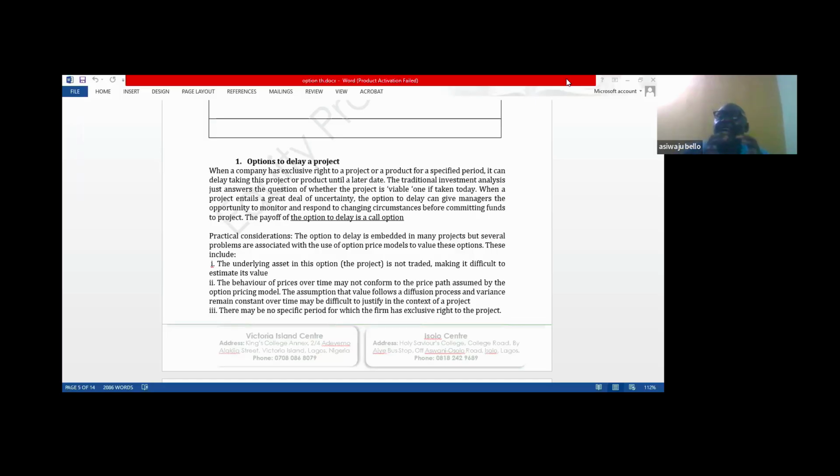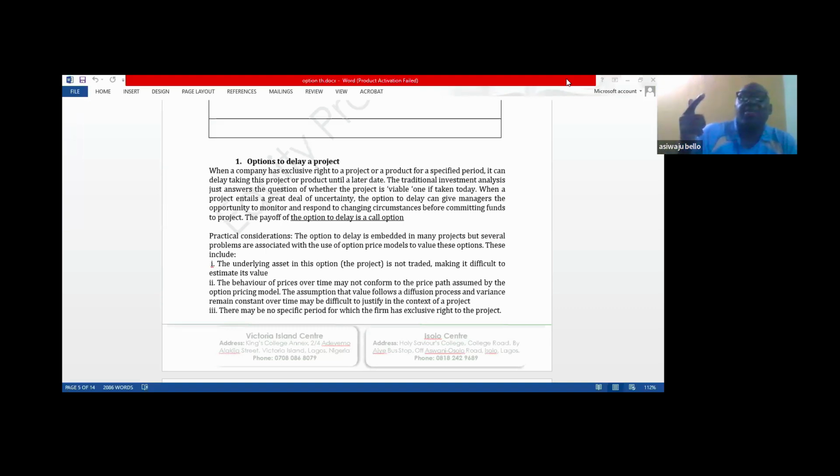A company can decide to delay projects. A capital project that involves a great level of uncertainty.